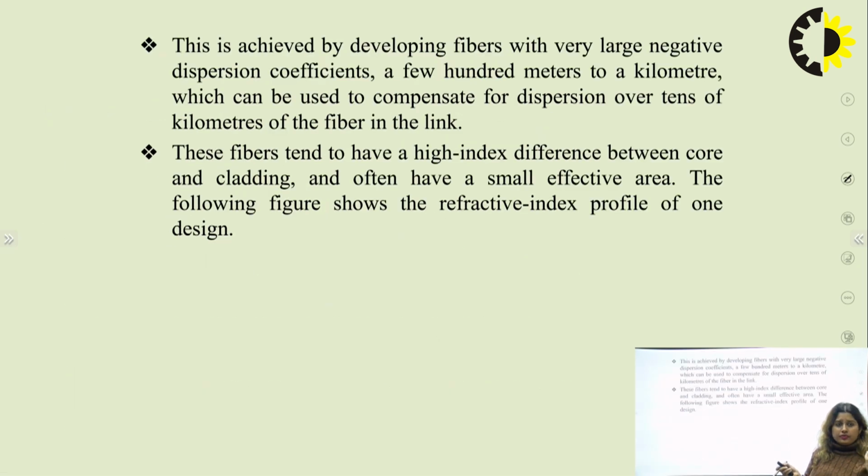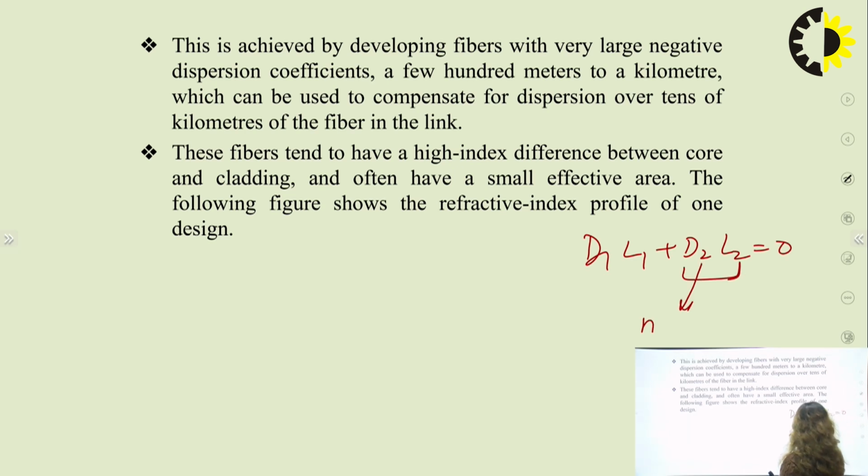So basically with this equation, D1L1 plus D2L2 is equivalent to 0, we have this particular term. Large negative dispersion, which can be compensated with the original single mode fiber.